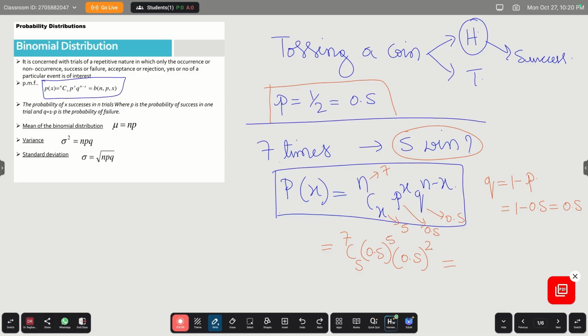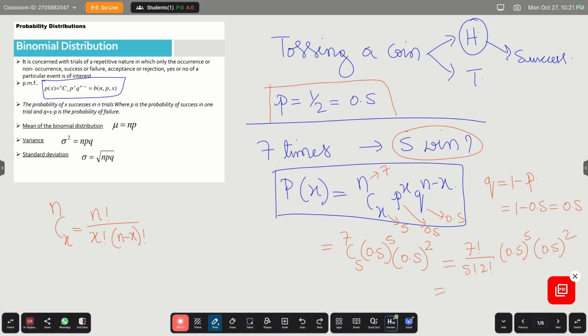You can use your scientific calculator to calculate this, or if you want to know how to calculate 7C5 manually, we all know the nCx formula. nCx is n factorial divided by x factorial into n minus x factorial. So this will be 7 factorial divided by 5 factorial and 2 factorial, multiplied by 0.5 power 5 multiplied by 0.5 power 2.